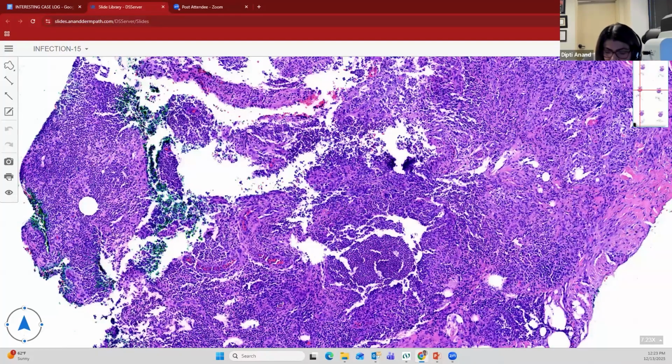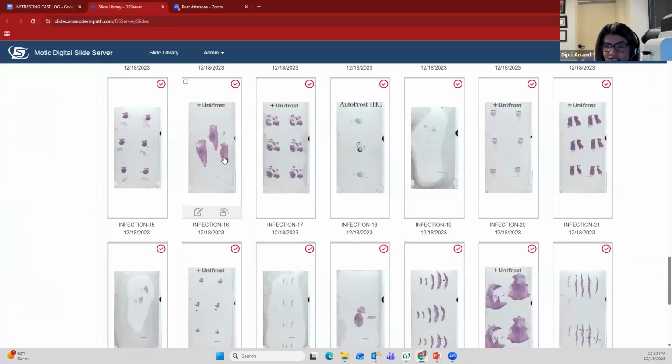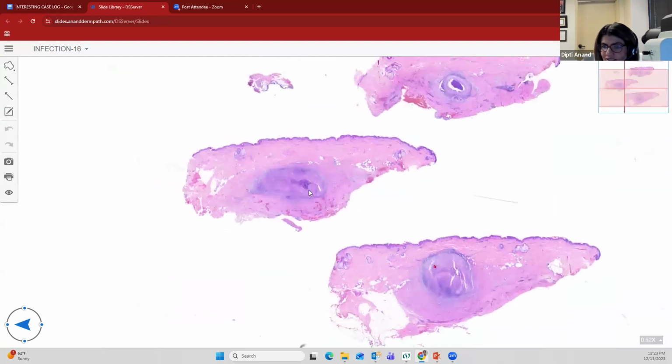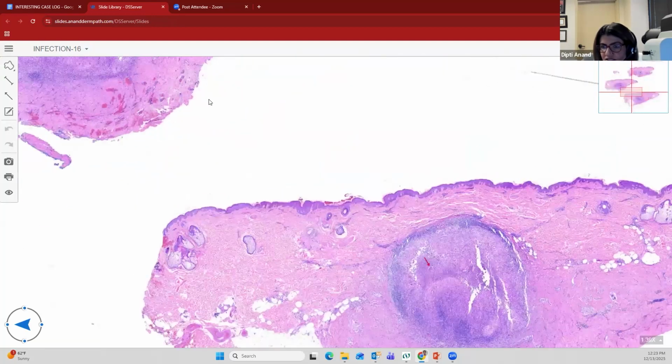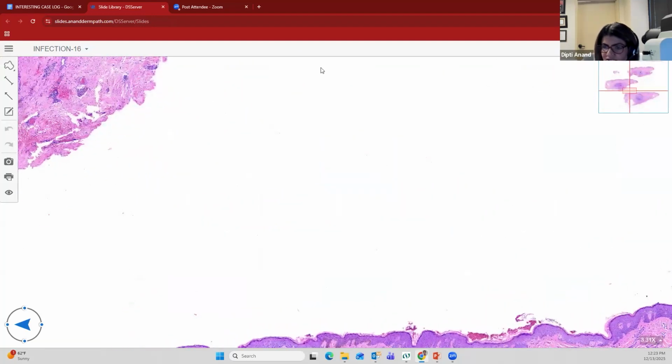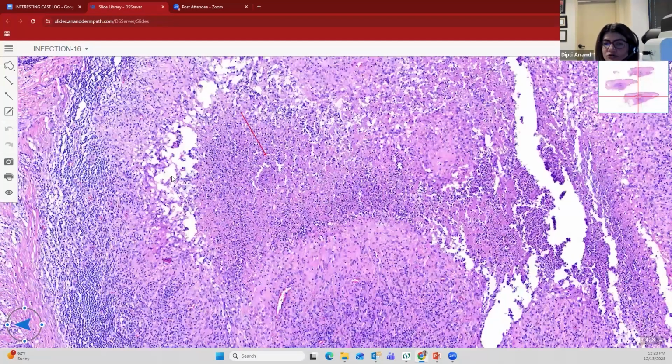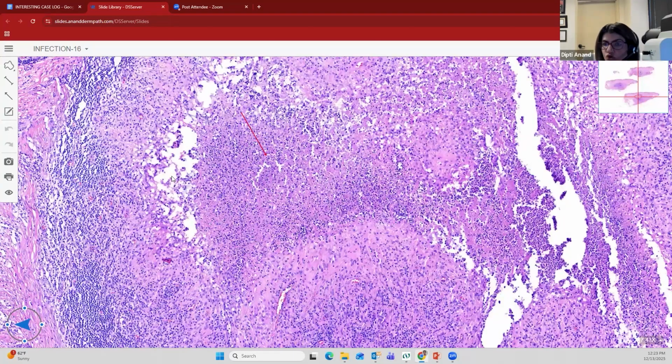So let me show you the different kinds of reaction patterns that these can generate. This comes in like a dermal nodule. And here you can see that it has even incited central caseation necrosis. This is the same kind of dirty necrosis that you see in erythema induratum or nodular vasculitis.